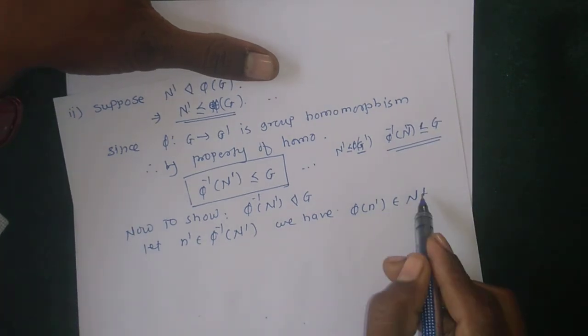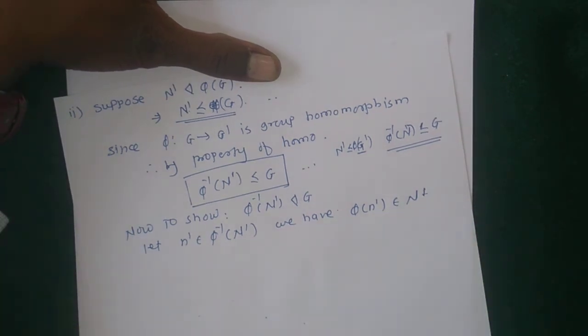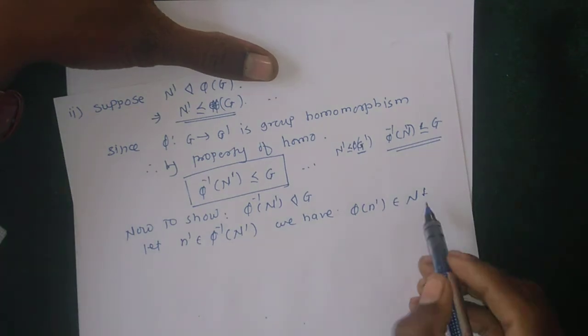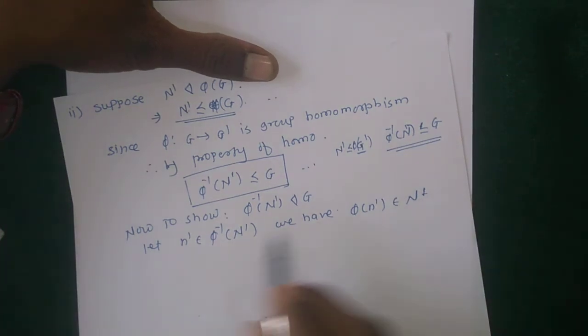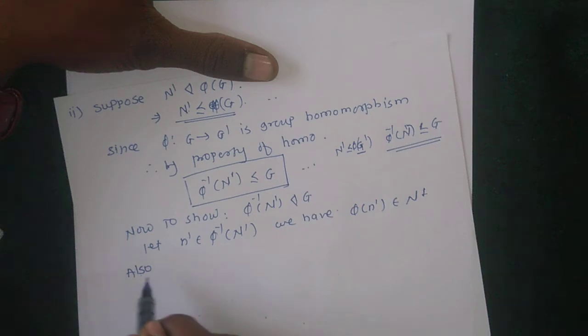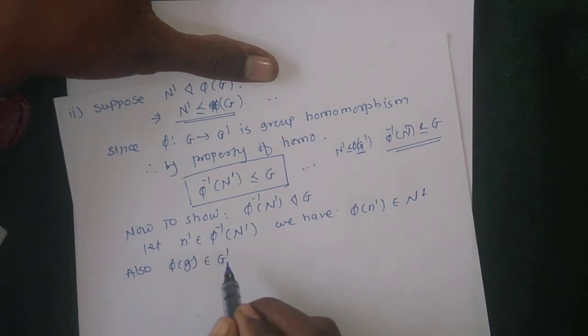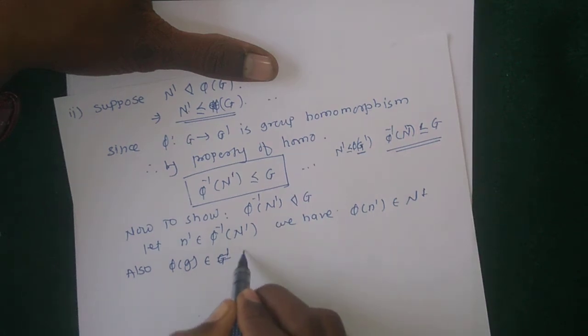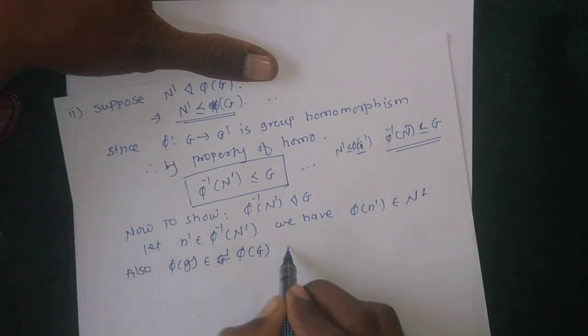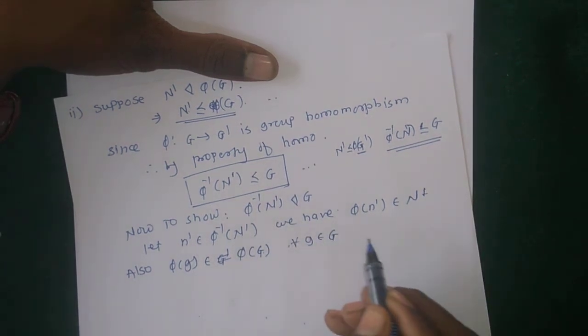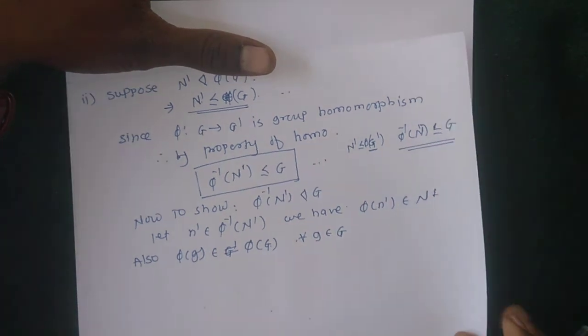Okay, this is an element and this is a set. So φ(n) belongs to N'. Also φ(g) belongs to φ(G), meaning the image set φ(G), for all g belongs to G.